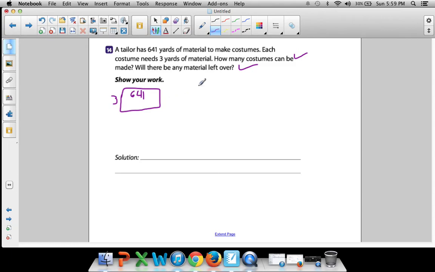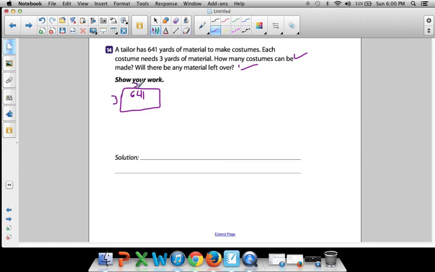I know 3 times 20 is 60. And even if you didn't know that, you can use something else, but 3 times 20 is a good idea because look, what's 3 times 2? That's 6. Then just don't forget that 0 gets added on. 3 times 20 is 60. We can use that.